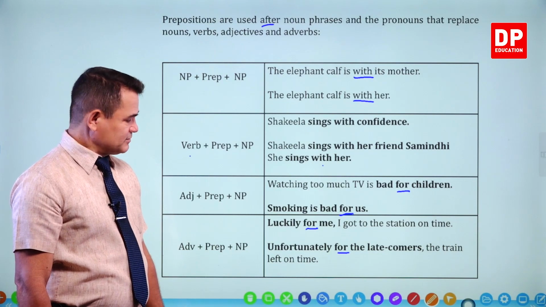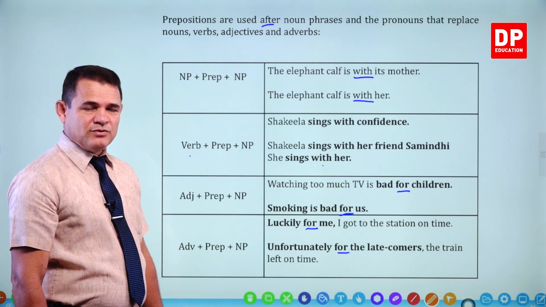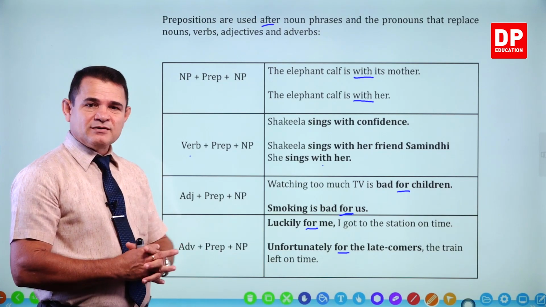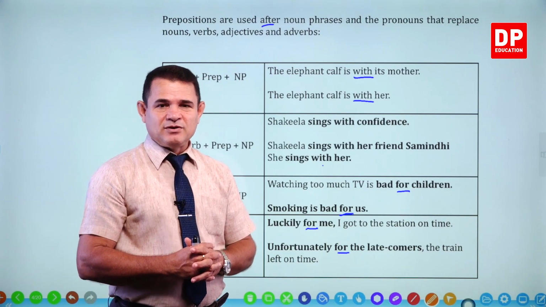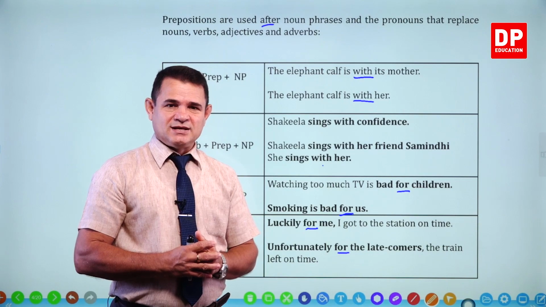Unfortunately for the latecomers, පහුවෙලාපුයට ගිය අවාසනාව the train left on time. වෙලාවට ට්‍රේන් එක ගියා. පහුවෙලාට ගාපුයට ට්‍රේන් එක මිස් වුණා. Unfortunately අවාසනාවට.